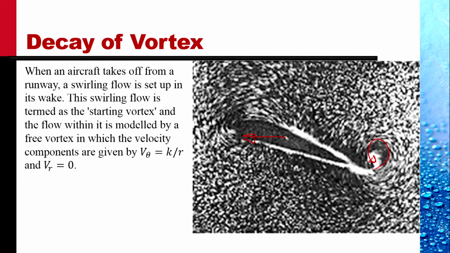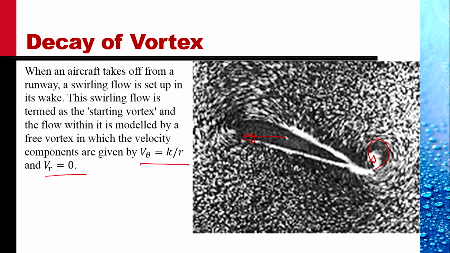This swirling flow, as I said, is termed as a starting vortex, and the flow within it is modeled by a free vortex in which the velocity components are given by V theta is equal to K by R and VR is equal to 0. No radial velocity, and the tangential velocity varies inversely with radius.